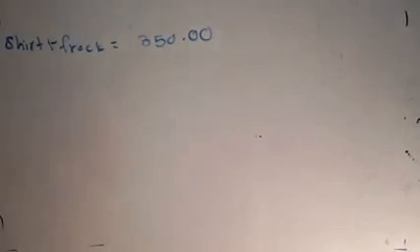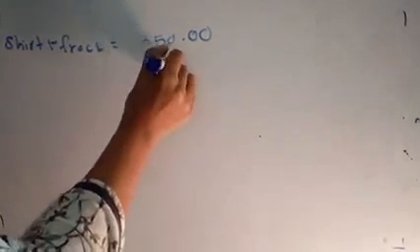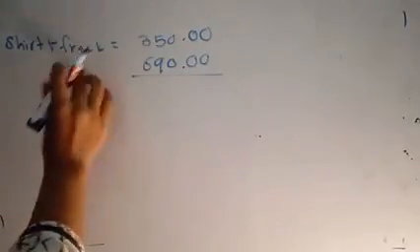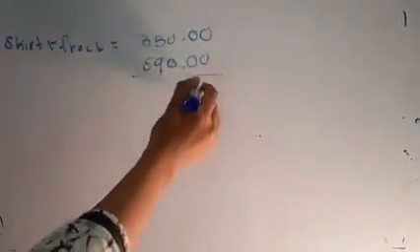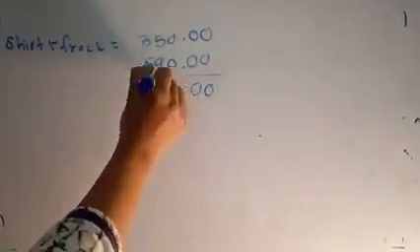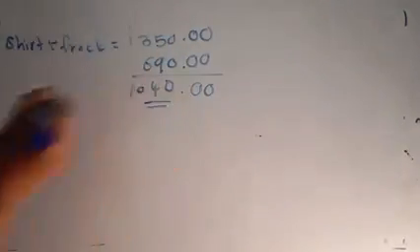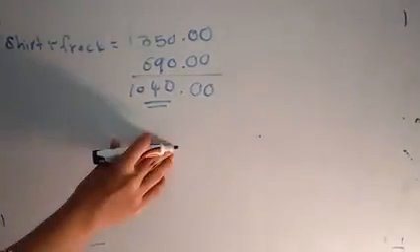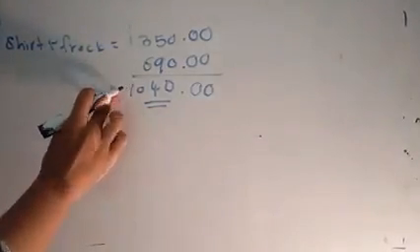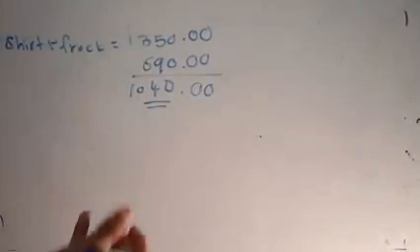Skirt 690 rupees and no cents. So she is buying the shirt and the frock. What is the bill? 6 plus 3 is 9, 9 plus 1 is 10. She paid 2000, but the bill is this one. So definitely she has to get a balance.